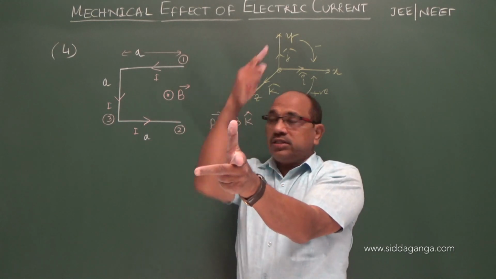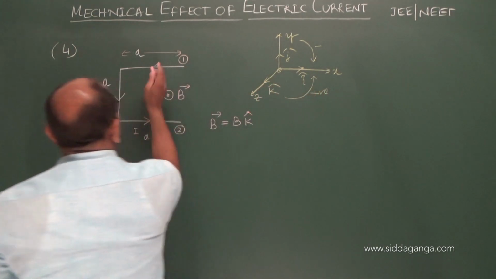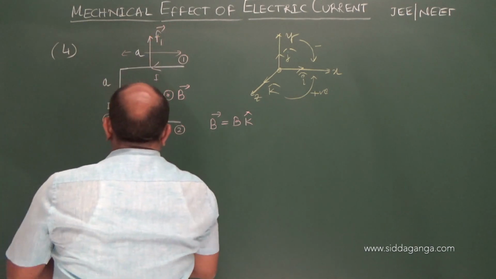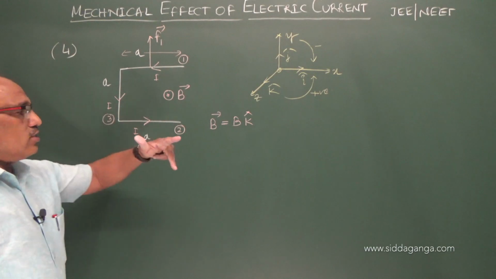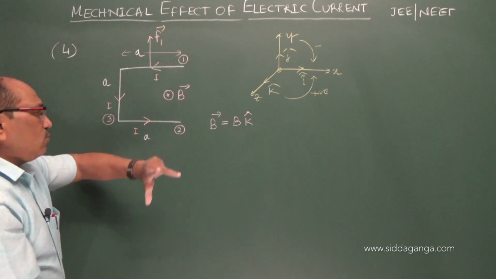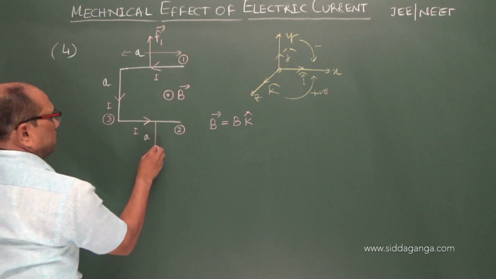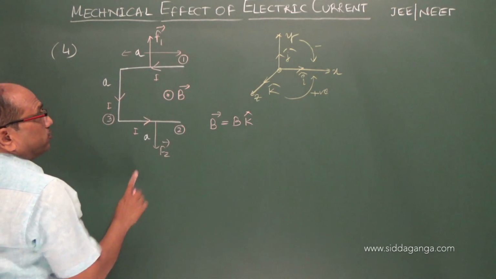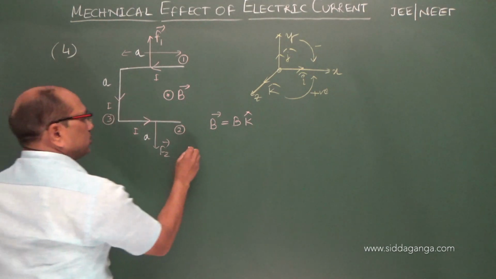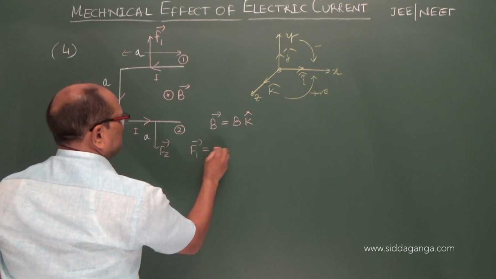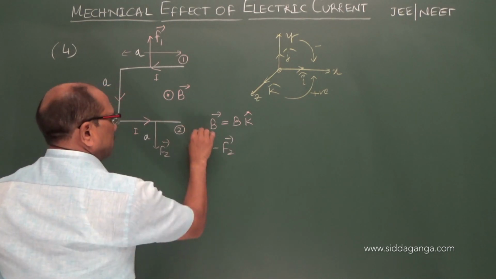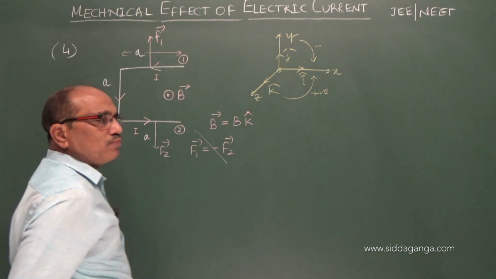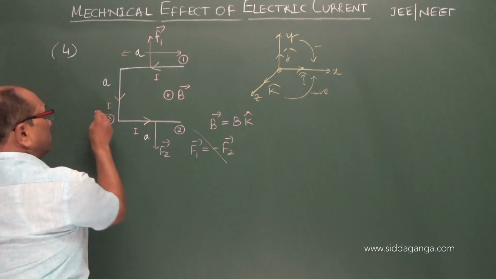See here, this is upward. The force here is F1. Current to the right, field outward, gives a downward force. That means this force is F2. Both are equal in magnitude and opposite in direction. F1 is equal to minus F2. They cancel. The net force on 1 and 2 becomes 0.